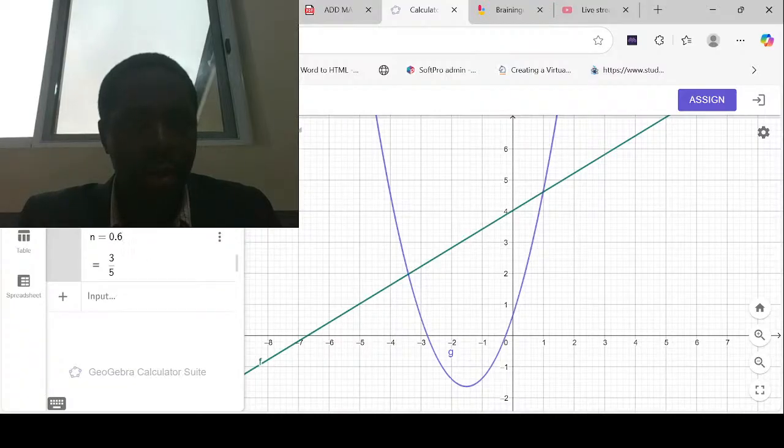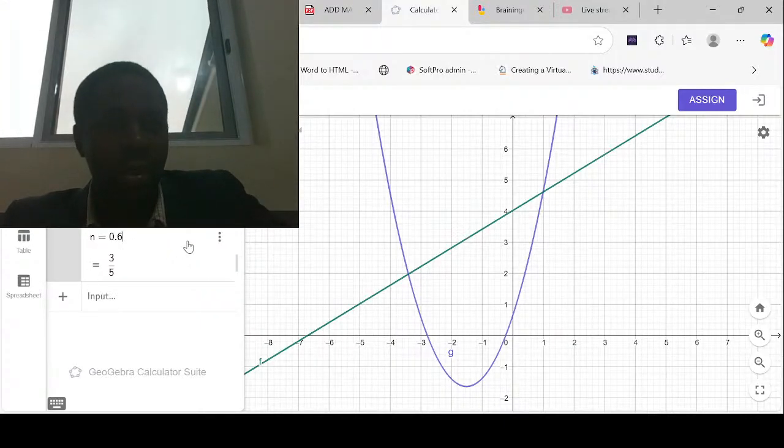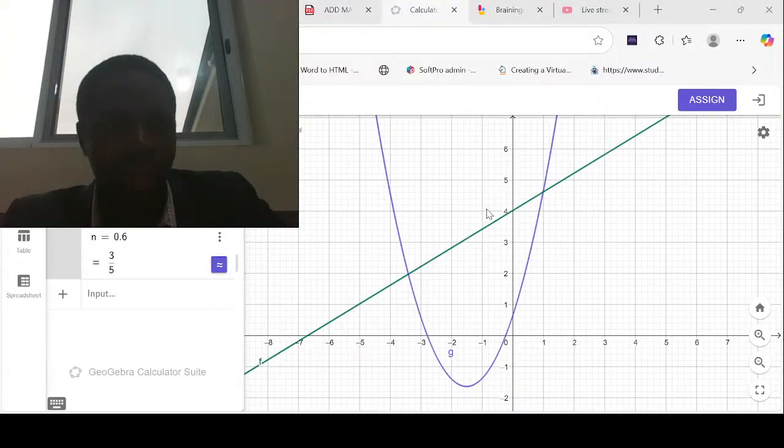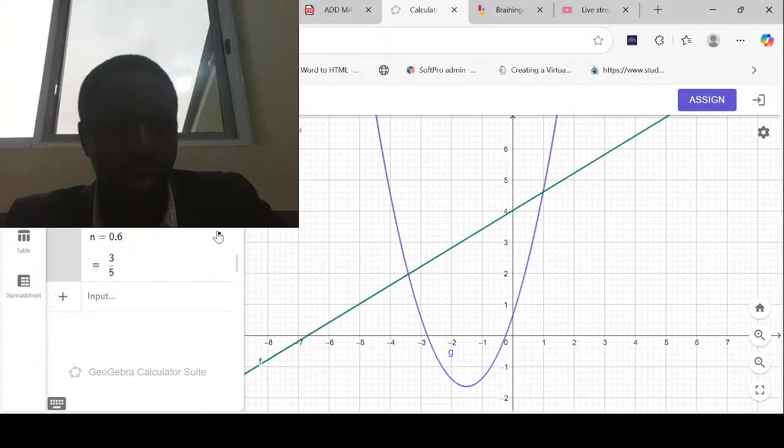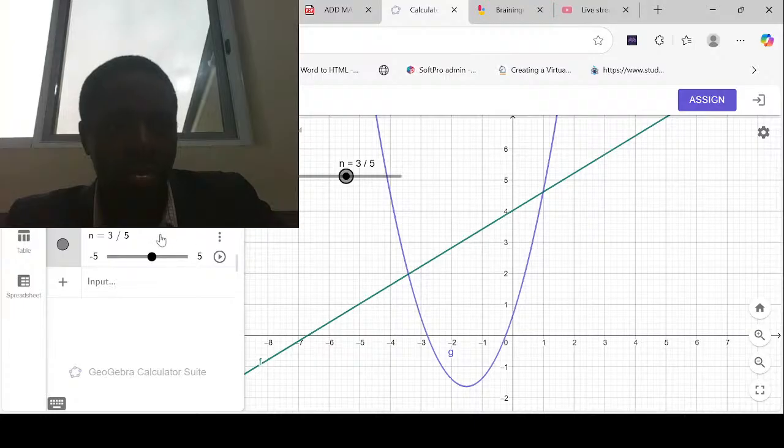Okay, so what we need there is, I think, a slider. So I need a slider for this. Just try and get a slider. Yeah, create a slider. This is what I'm trying to do. So I've created a slider for n.